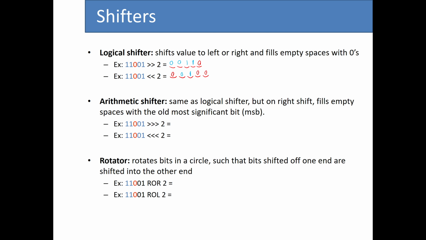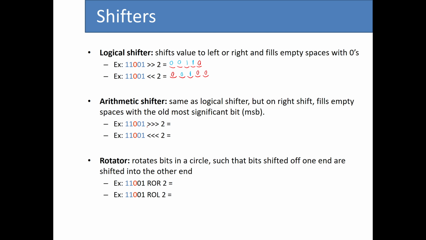The arithmetic shifter is the same as the logical shifter, but for the right arithmetic shift, we fill the empty spaces with the old most significant bit, or generally speaking, with the sign bit. Let's see how this works. I want to arithmetically shift this 2 places to the right.